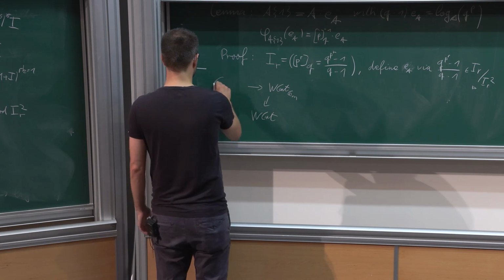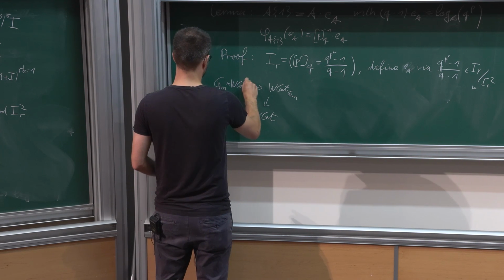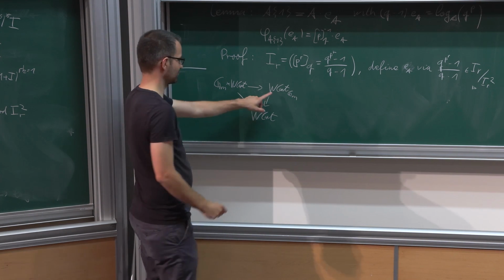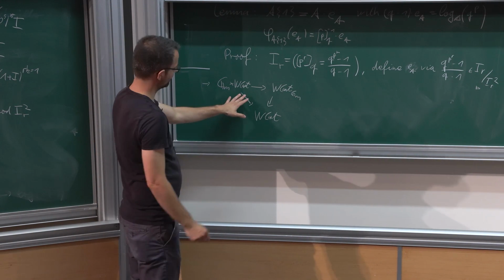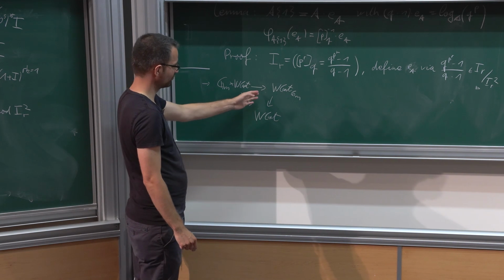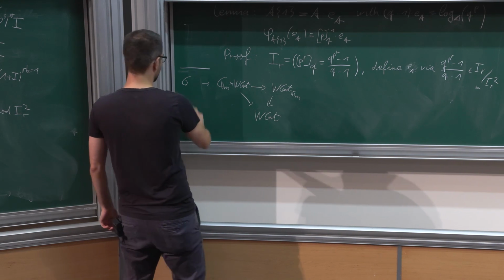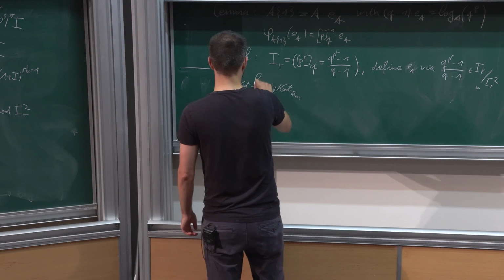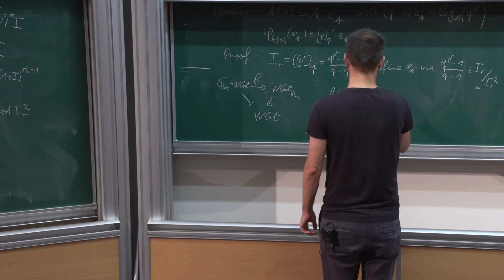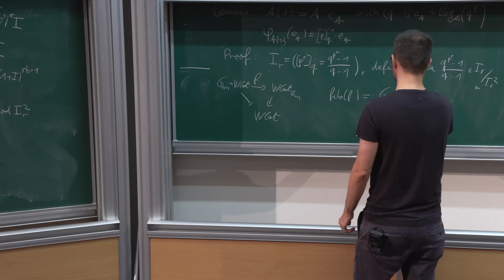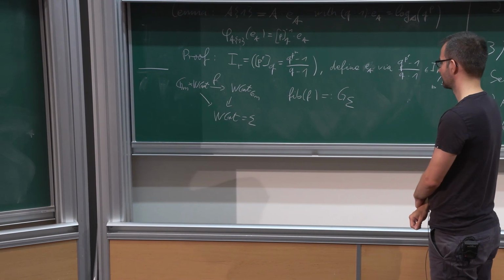And this implies that you get a morphism from G_m times WCart to WCart of G_m. And so then this thing will be a morphism of group stacks, and therefore you can define a group. Now let's call this F, and then you can look at the fiber of F. And so Drinfeld calls this group G_Sigma because he denotes the Cartier-Witt stack by Sigma.